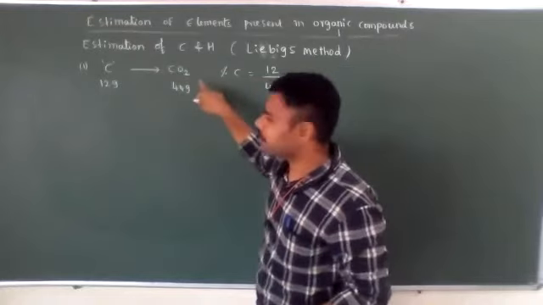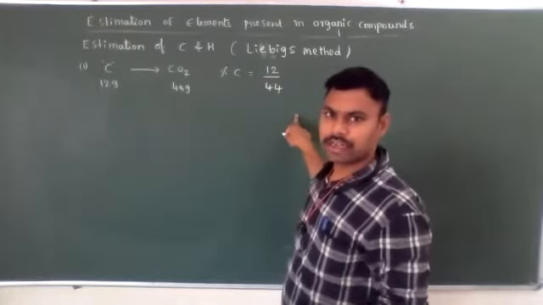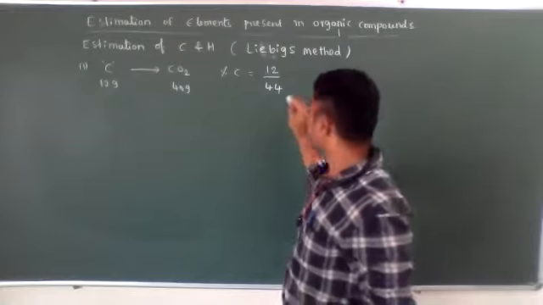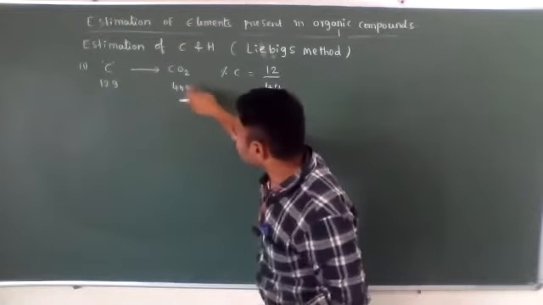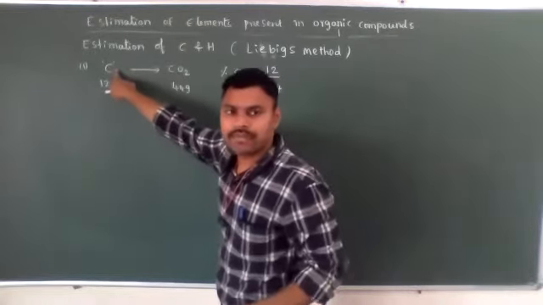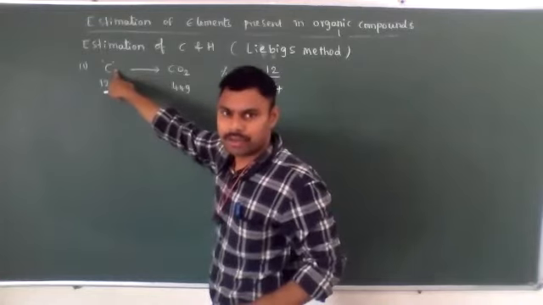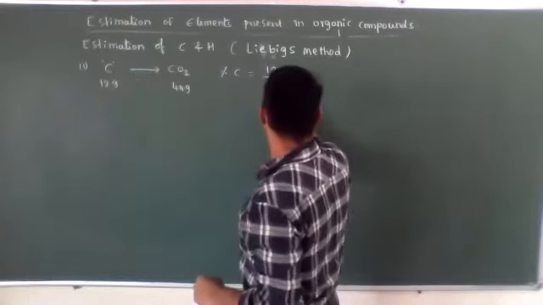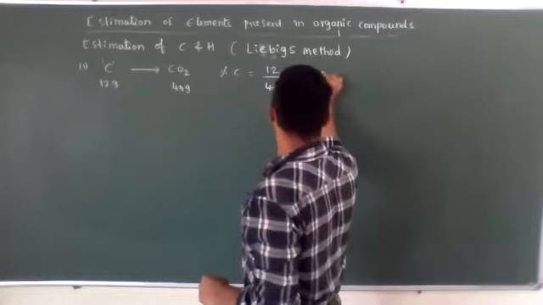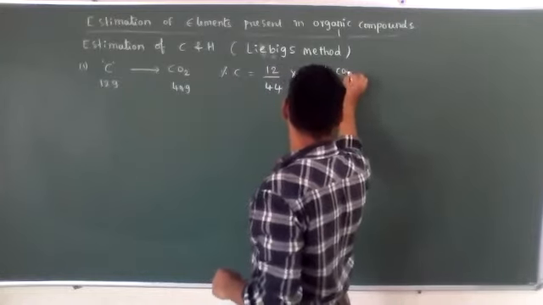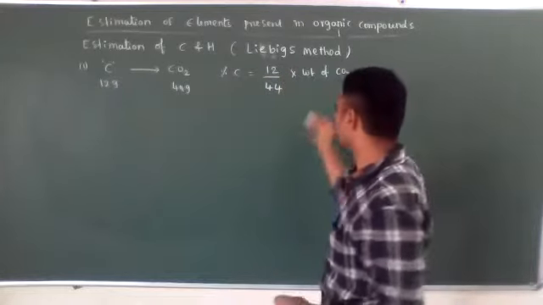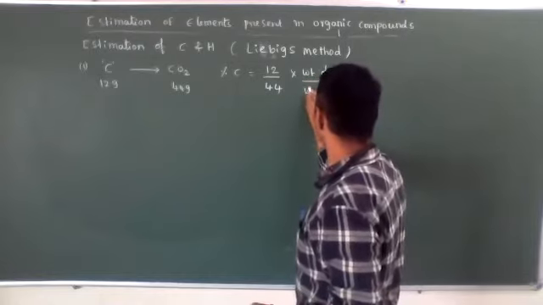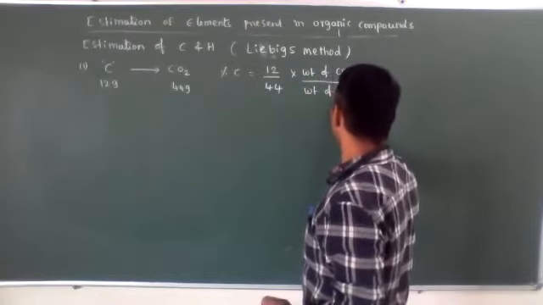What is the gram molecular weight of CO2? 44 into 100 we did. So this carbon dioxide is formed from the organic compound. Into weight of CO2 by weight of organic compound.